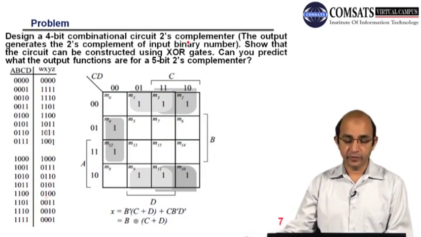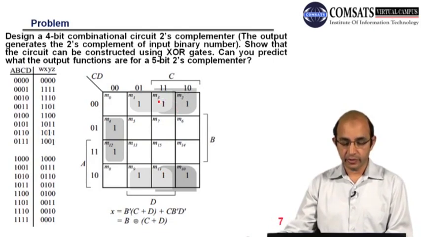So now what we will be doing, we will be simplifying. So we will be looking for different groups. So here you can see we have a pair here, right? Then we have a square here if I bend, right? So I will be having M1, M3, right, along with M9 and M12 as a square, right?